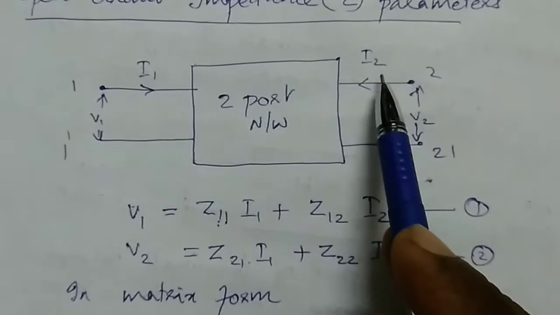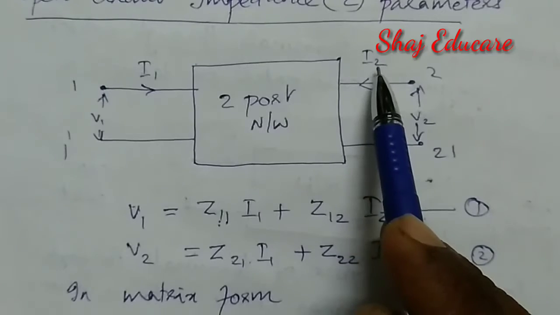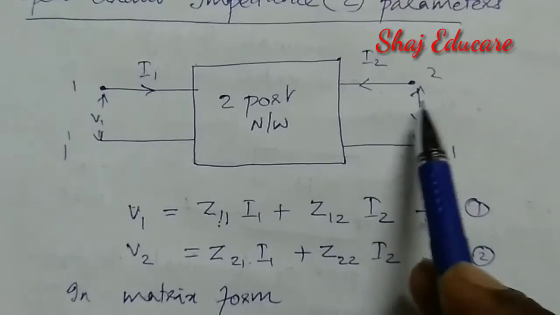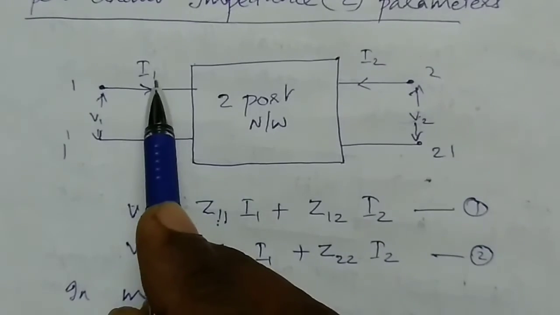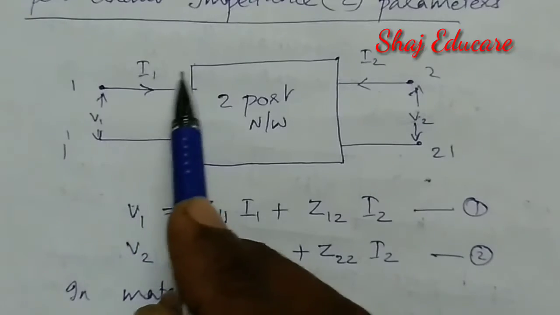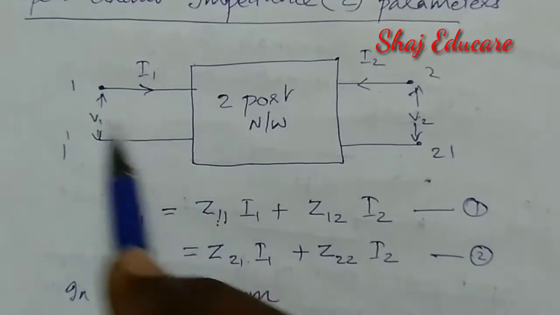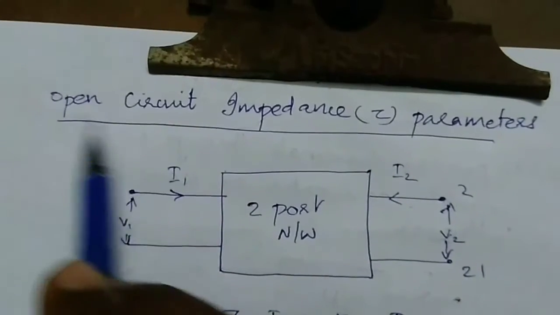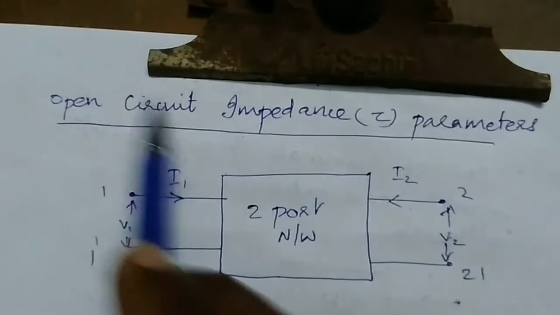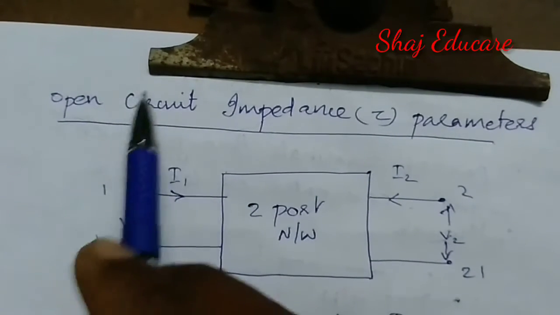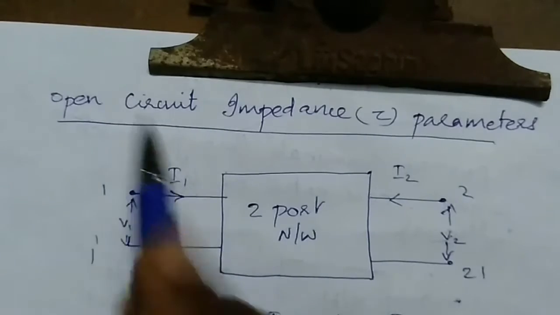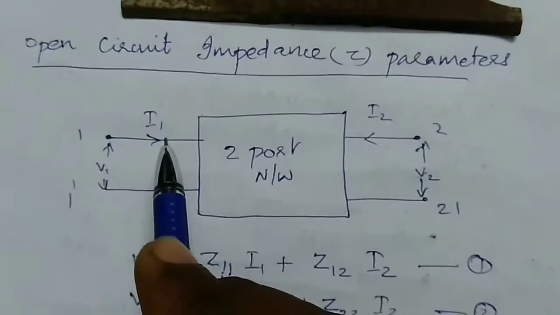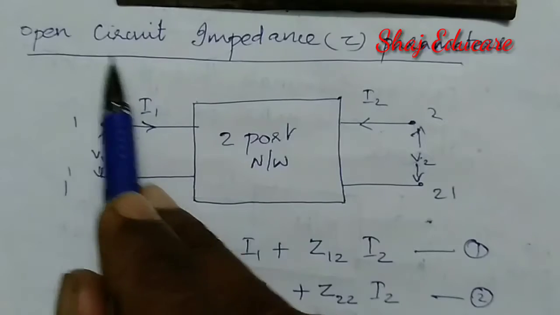Therefore, in order to make I2 0, we have to open circuit the output port. In order to make the current I1 equal to 0, we have to open circuit the input port. That's why the name open circuit. Now you can understand why the name open circuit: the current will be 0 only if it is in the open circuit state.